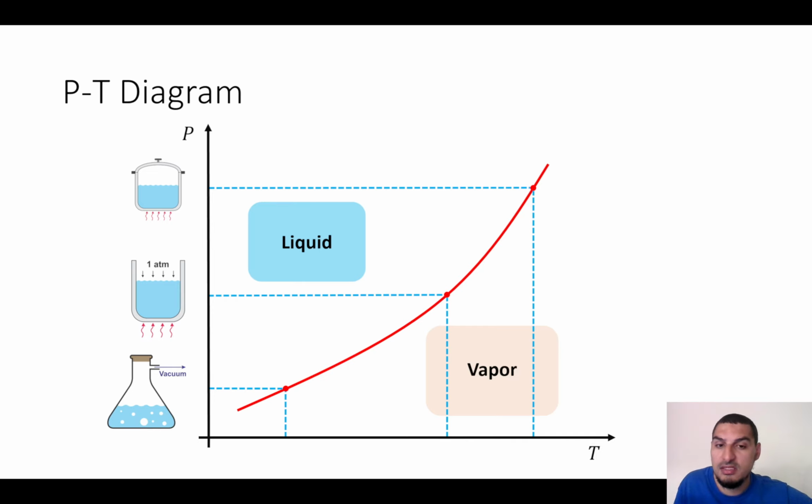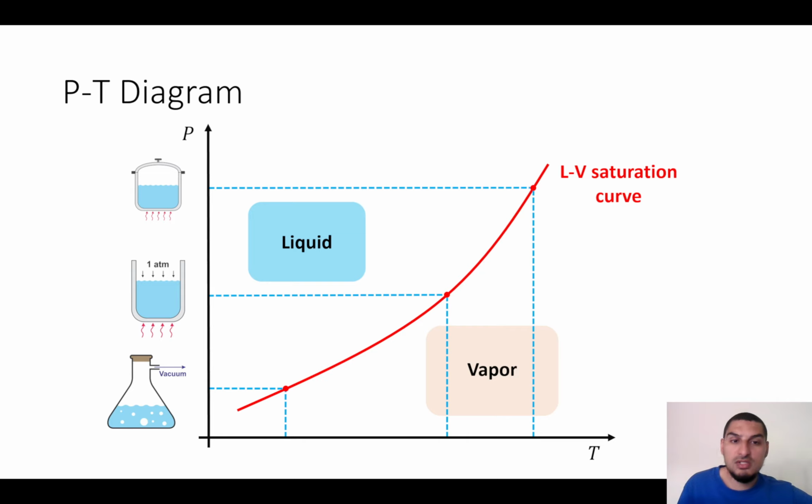We will see that this is not going to be only the vapor pressure, but what we see now is just the vapor pressure. So this line is called the liquid vapor saturation curve, and that's why the vapor pressure sometimes is called the saturation pressure.